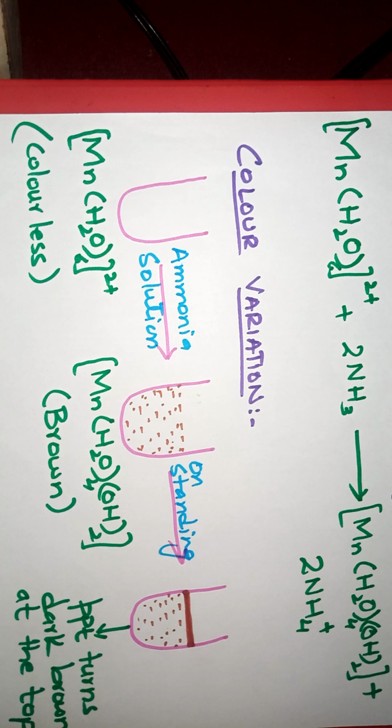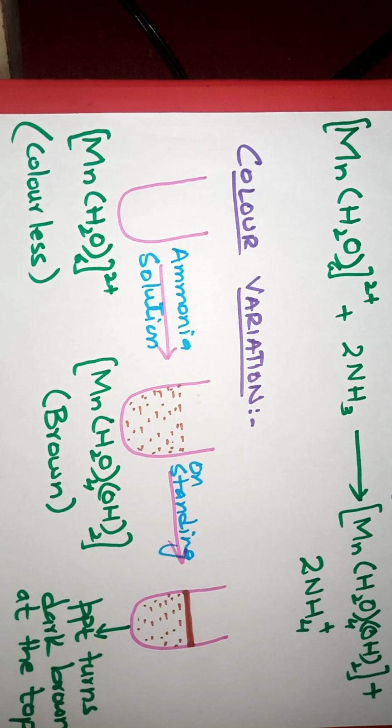So this was the reactions of hexa-aqua manganese 2 ions. First of all, with a base, either sodium hydroxide or potassium hydroxide, a strong base, or with ammonia.